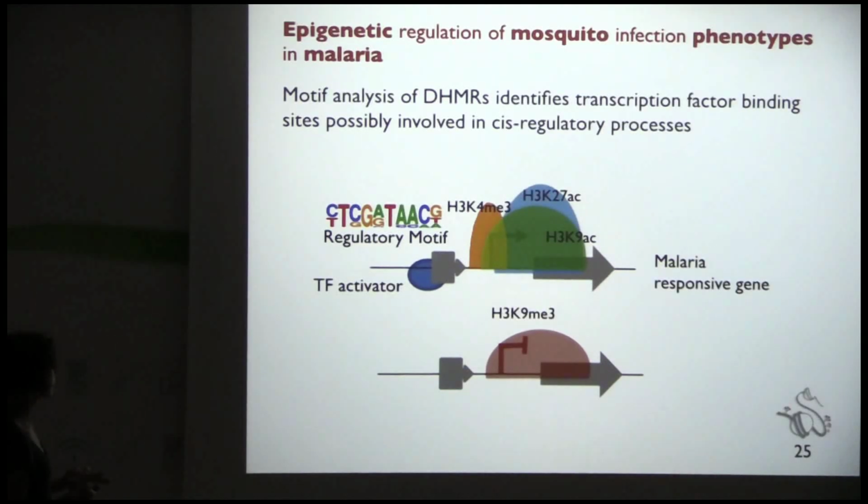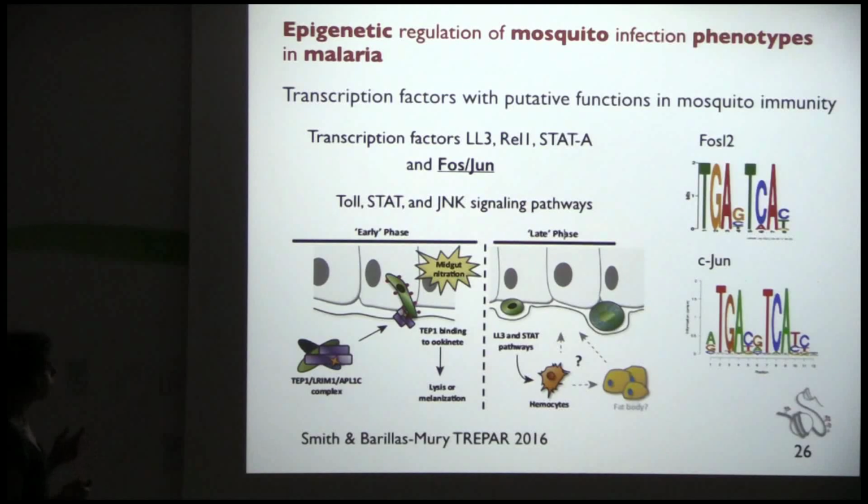And the answer is yes. What we found particularly interesting was the presence of binding sites for these two transcription factors, FOS and JAM, that in the mosquito have recently been suggested to participate in signaling pathways associated with immune responses. So this is an early finding that we still need to work on, but I think it was really interesting.